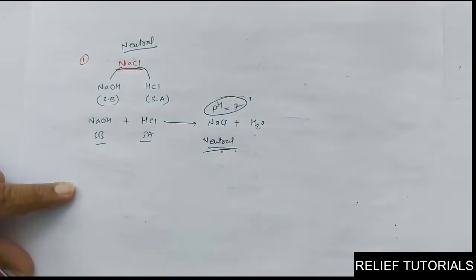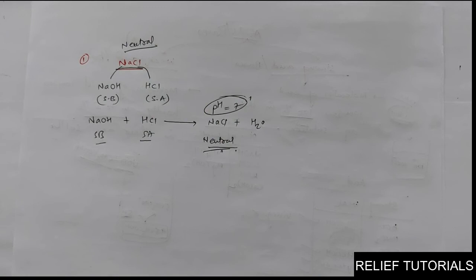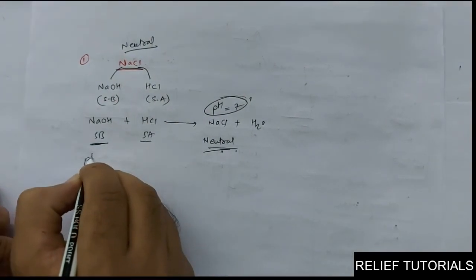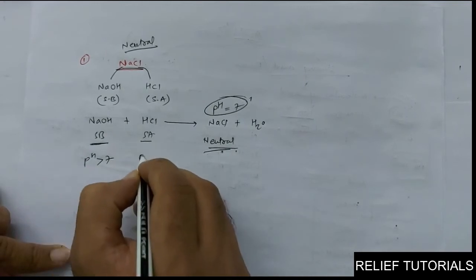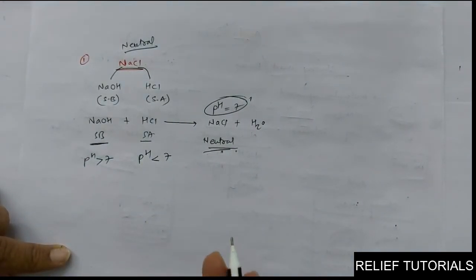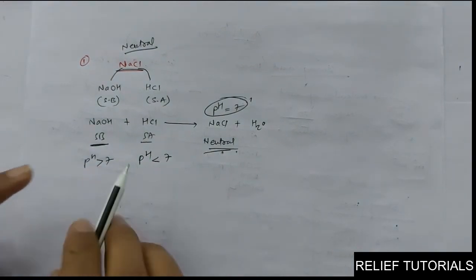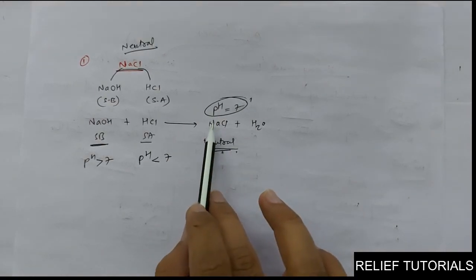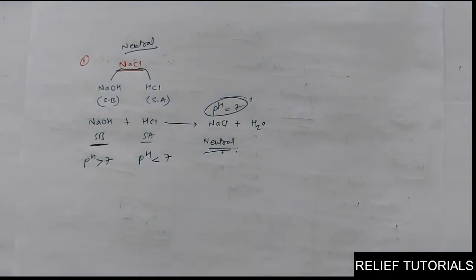Its pH is 7. Are you getting this? The strong base has pH more than 7, and the strong acid has pH less than 7. But both are strong, so both are capable of destroying the properties of each other and react 100%, and they give you the salt which is neutral.